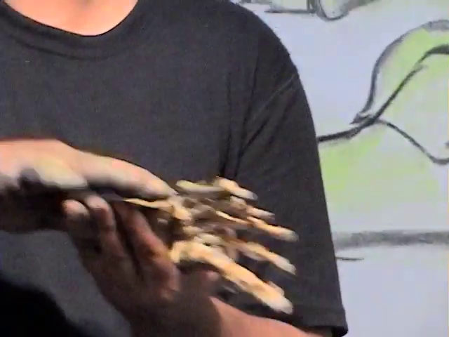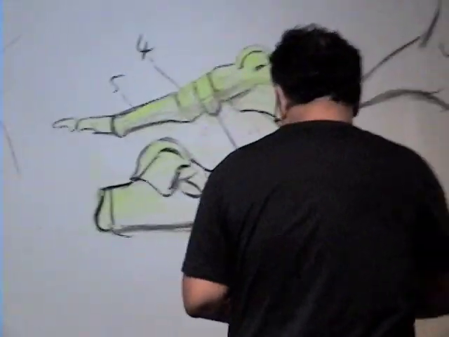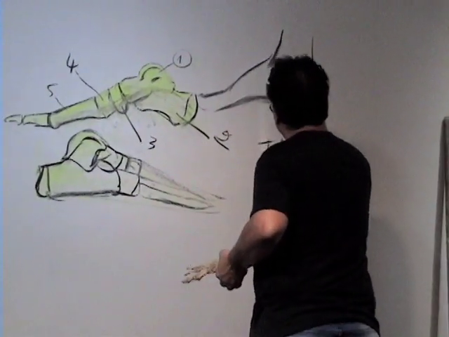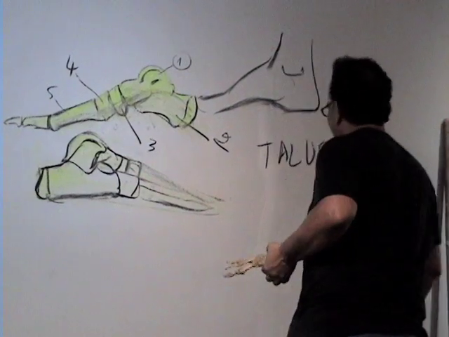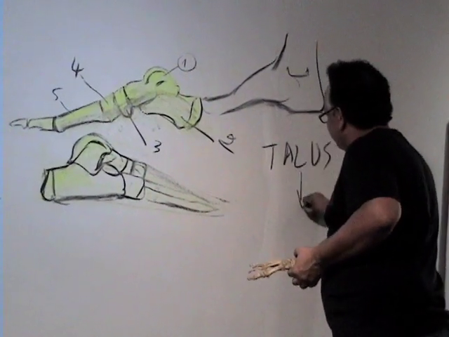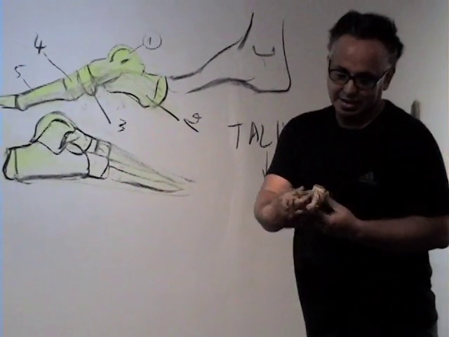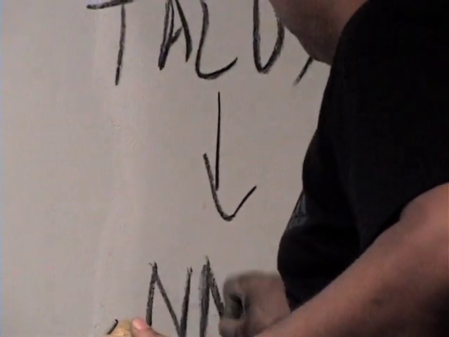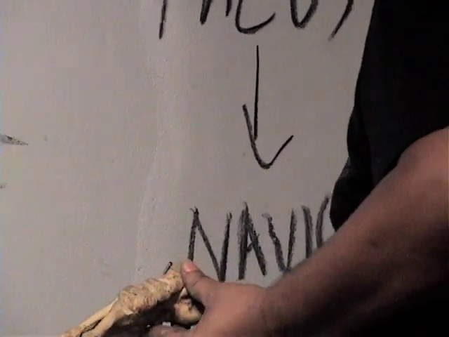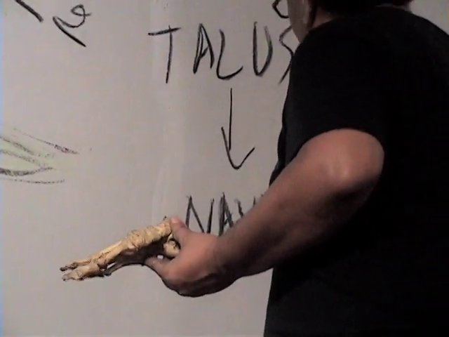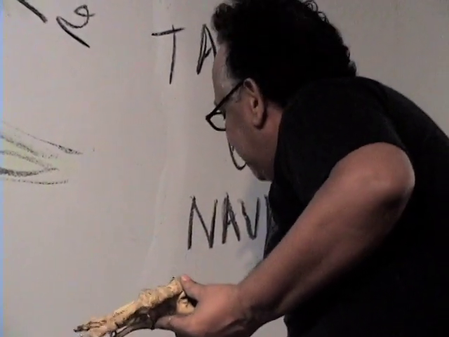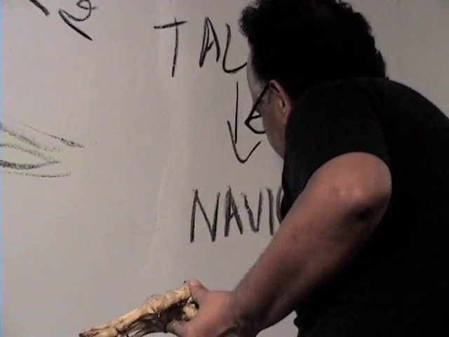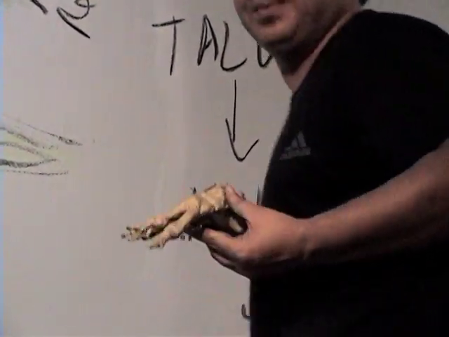I try to simplify. So we have the talus. The talus gives us the navicular. He's a friend with the navicular, who gives us the three cuneiforms.